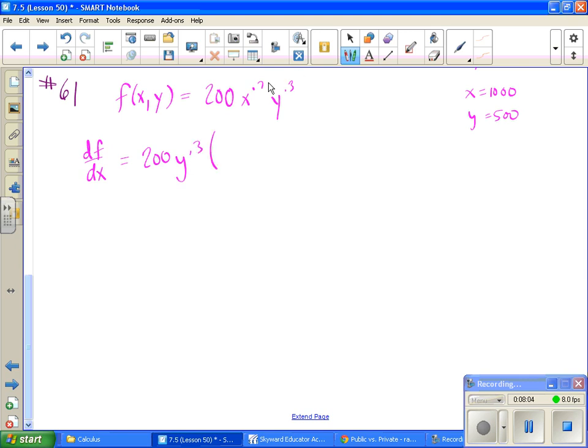And the derivative of this piece then is you pull the 0.7 down, you leave the x alone, and it would be to the, if you subtract 1, it's going to be to the what power? -0.3. Okay, then plug these into there, and that should get you the right answer. Same idea for part B. Okay.